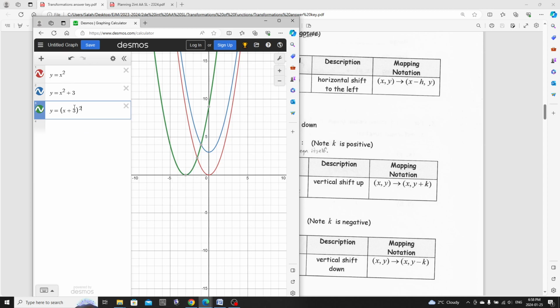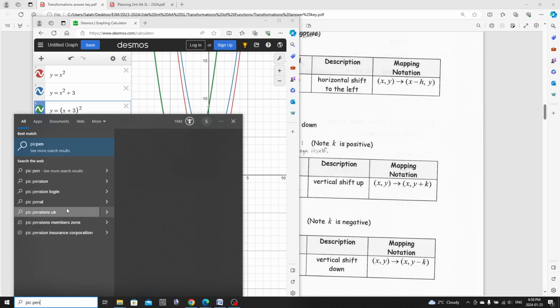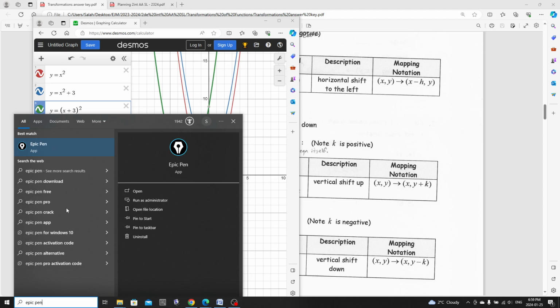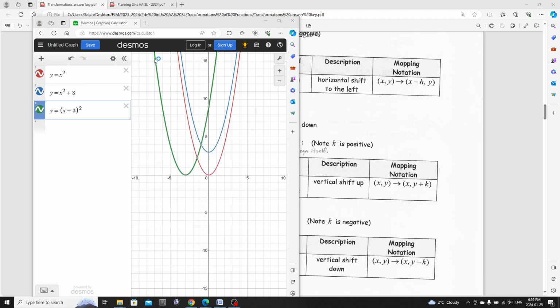So again, y equals x squared. If this is f of x, then this can be represented by f of x, plus 3. Sorry, when I say f of x plus 3, I probably should have had my pen out for that. Let me just get that out real quick. There it is. So when I say f of x plus 3, I mean this.